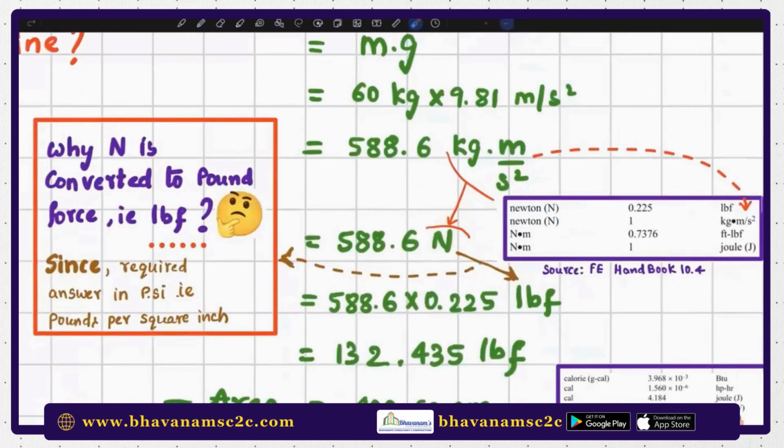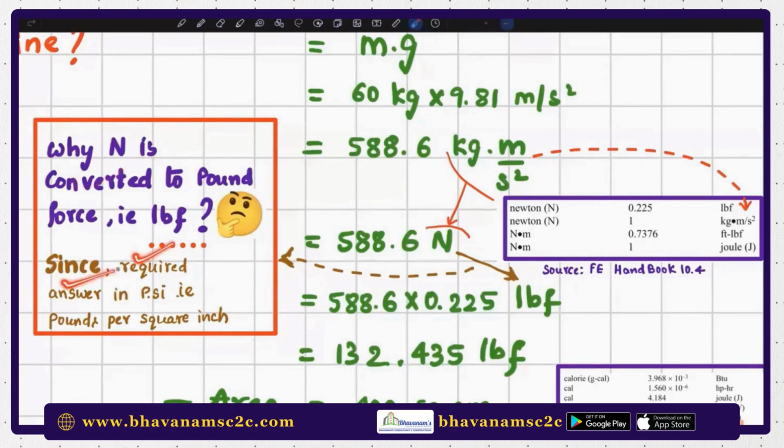Now I am converting into pound force in the next step. So your question will be, you got the weight in newtons, why have you voluntarily converted it into pound force? What is the need? My notes will have all the details, whatever questions a beginner can raise.